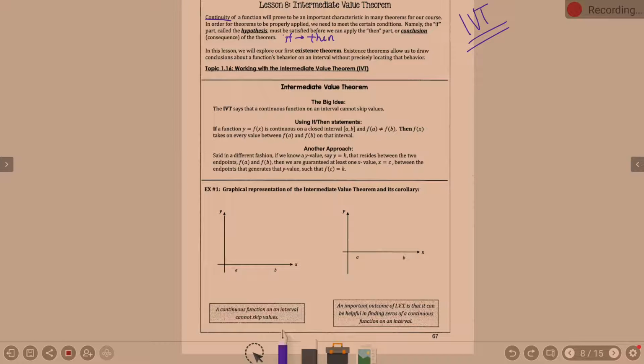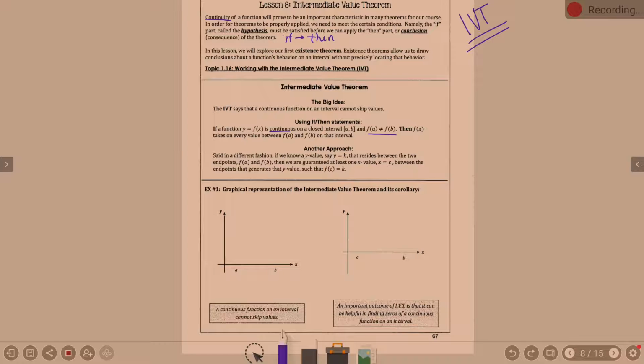So, using if-then statements. If a function, y equals f of x, is continuous on a closed interval, so an interval where the endpoints are included, and, this is a big one, f of a does not equal f of b. That's basically saying your endpoints are not the same.